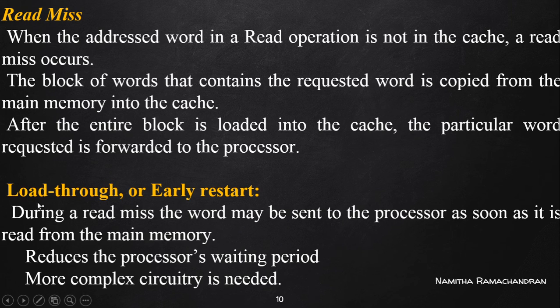This approach is called load through or early restart. Using this, it can reduce the waiting time of our processor, but for implementing this, we need a complex circuit. Load through approach means that from the copy of the memory block in cache, the requested word is passed to the processor.